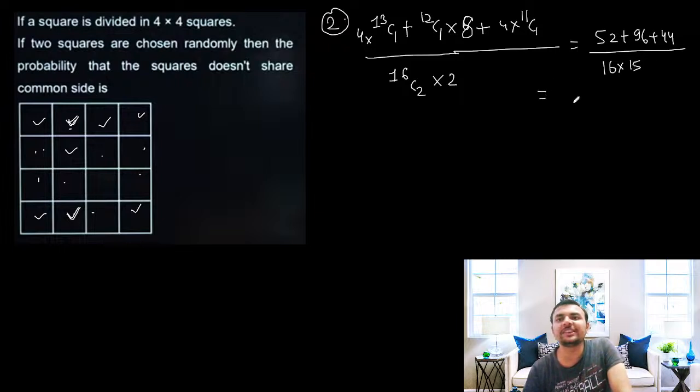Now 16 into 15 will keep it, and it is nothing but 140 by 192. 4 4s are 16, or you can say 16 1s are 16, 16 2s are... It is 4 by 5. So this is the simple way of solving this, isn't it? Let's move ahead.